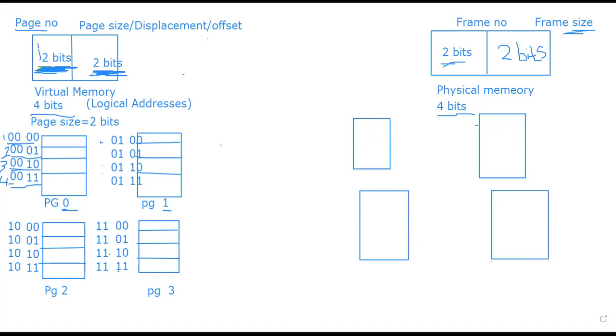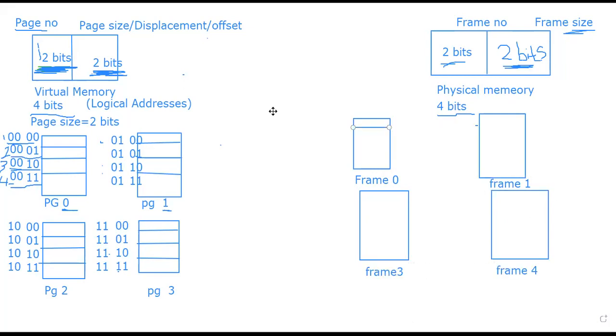Now I will come to the frame. This is frame 0, and this is frame 1. Four frames are created because the bits allocated for the frame number is 2, and 2 to the power 2 is 4.